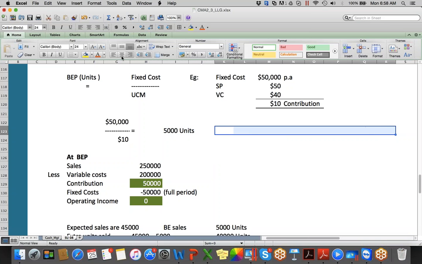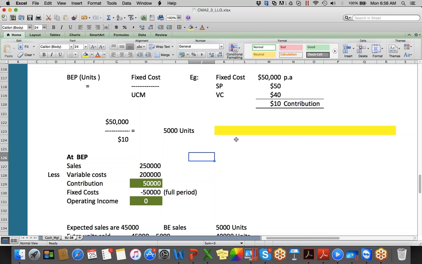Listen once again. The fixed cost of entire year and the total cost, variable cost of the period in which you are going to sell 5,000 units.